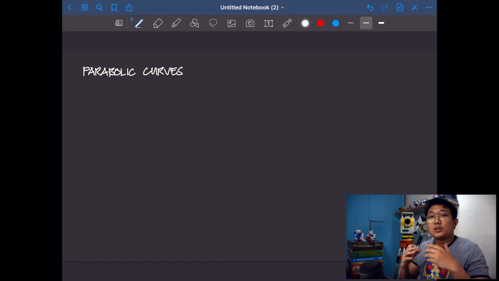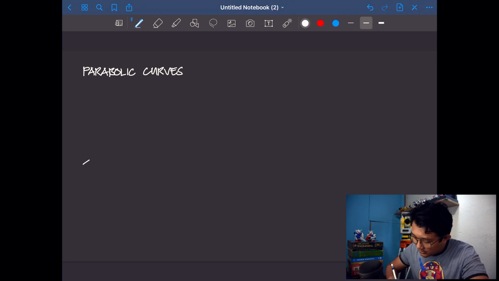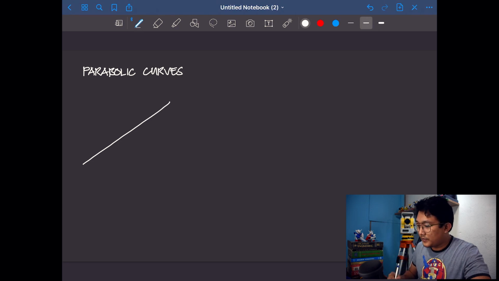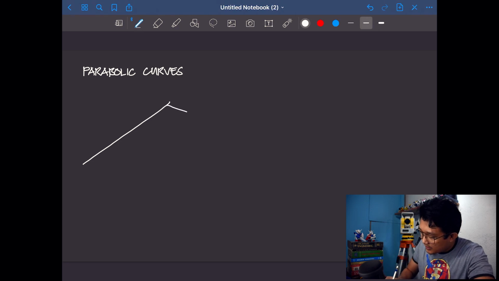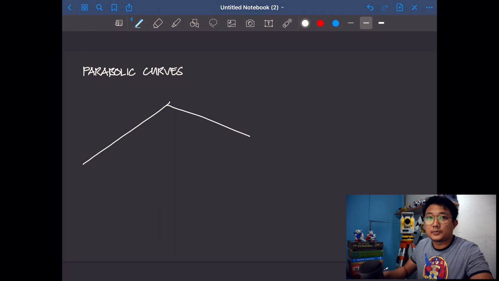Alright? So let me illustrate how we're going to use a parabola to create an easement for vehicles in the vertical plane. So say for example, I have a road that goes this way, and I have another that goes, say, that way.